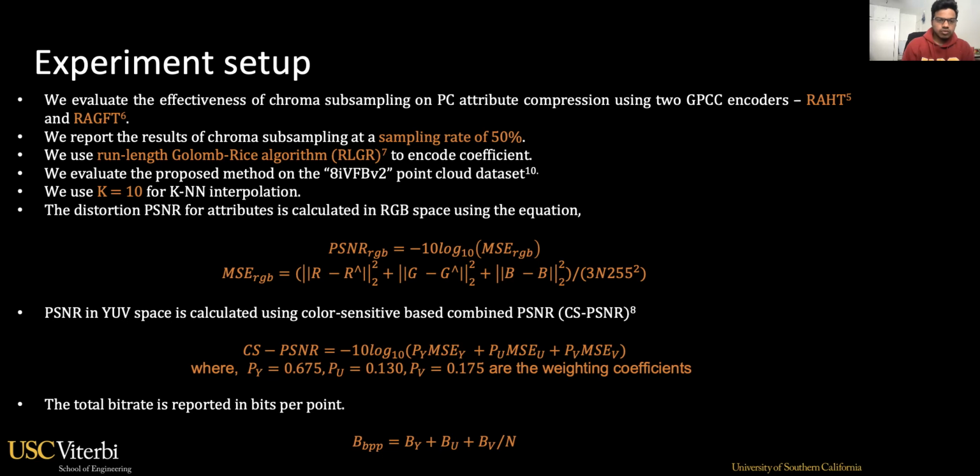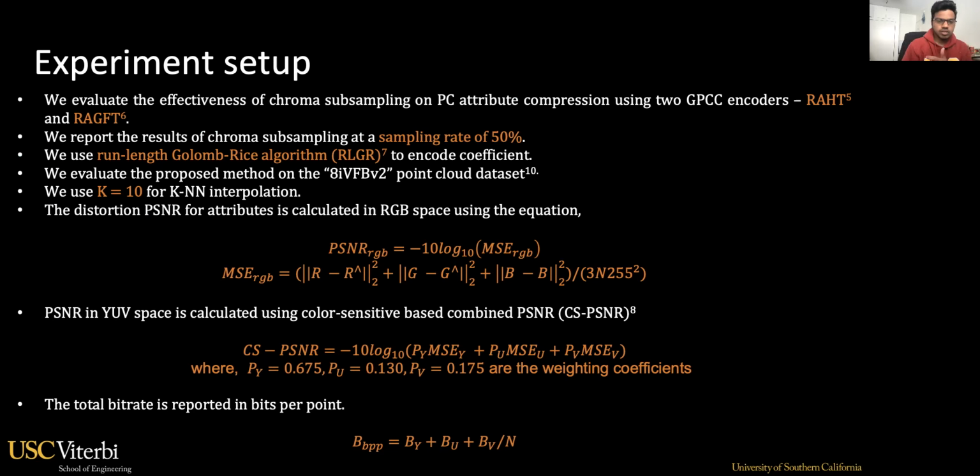We report the results of chroma subsampling at a sampling rate of 50%, and we use the RLGR encoder for entropy coding. Also, we test our methods on the 8i full body data set. We set k equal to 10 for KNN interpolation.